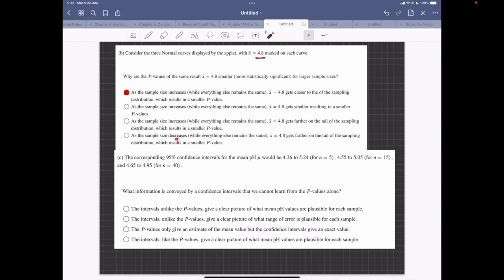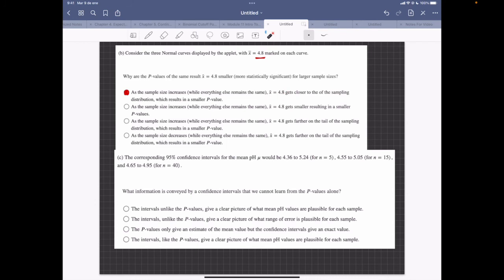So obviously it cannot be this one. So it has to be this, this, or this. But this one says 4.8 gets smaller. This value doesn't change. So it has to be this one or this one. But it says gets further on the tail of the sample distribution. No, if we have more sample, then that means that this is supposed to be closer to the true value.